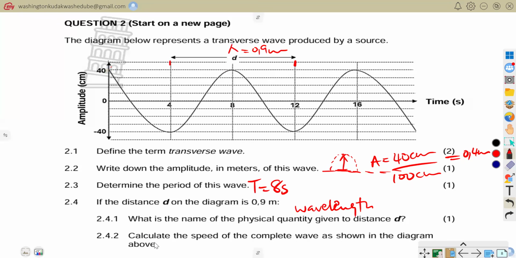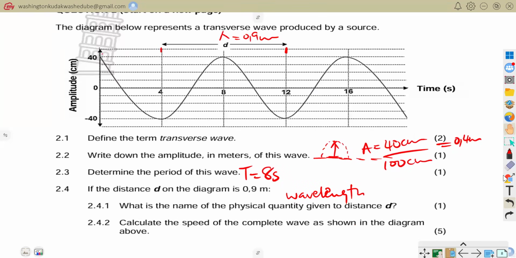And then they are saying, calculate the speed of the complete wave as shown in the diagram above. What becomes the speed? We said that speed can be given by the distance moved per unit time. The distance that we move to complete one wave is our wavelength, and the time it takes to complete this one wave is the time period.